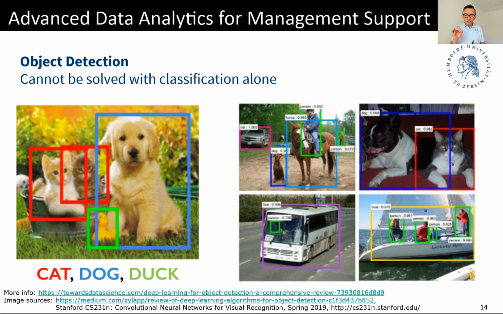Object detection means your task is more difficult than just putting an image into a category. That's the mite, that's the container vessel, that's the cat, that's the dog. It means you want to identify what's actually shown in that image. And to achieve that, you can decompose your task into 2 logical steps.